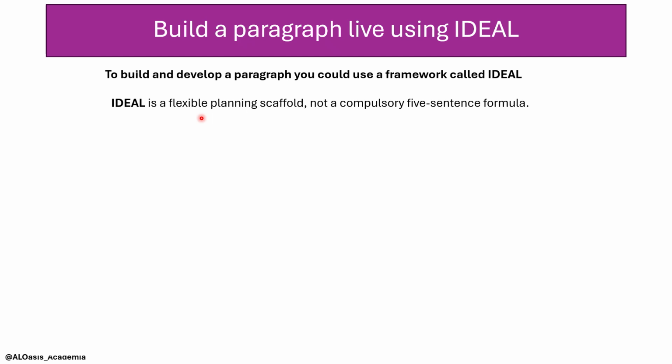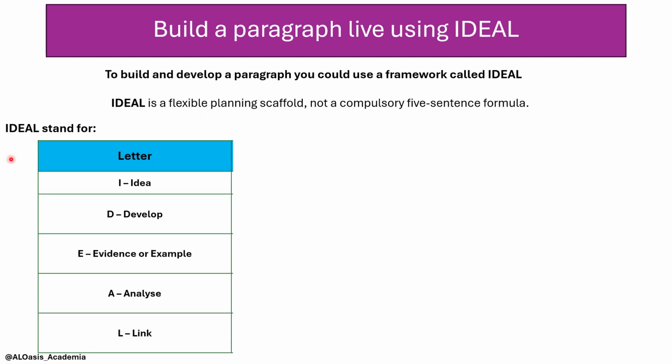So let's understand now what IDEAL stands for. IDEAL stands for I for idea, D for develop, E for evidence or example, A for analyze, and L for link. So what I'm trying to say is that each paragraph will be developed in this way.